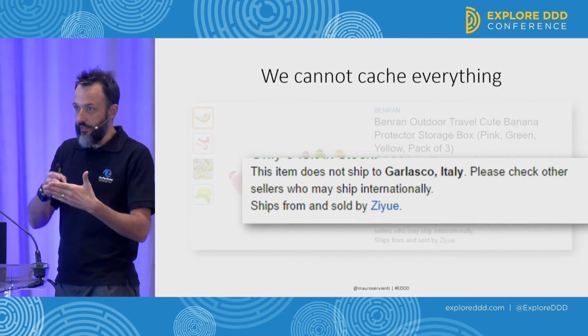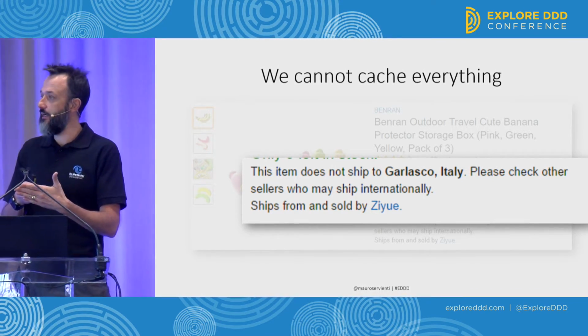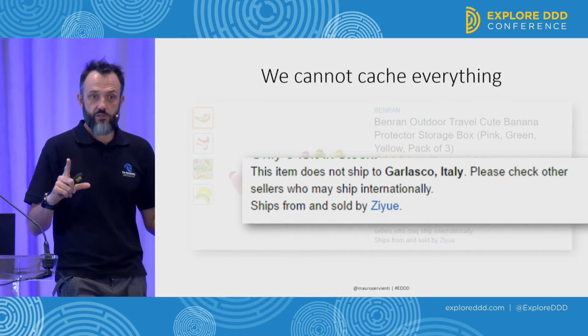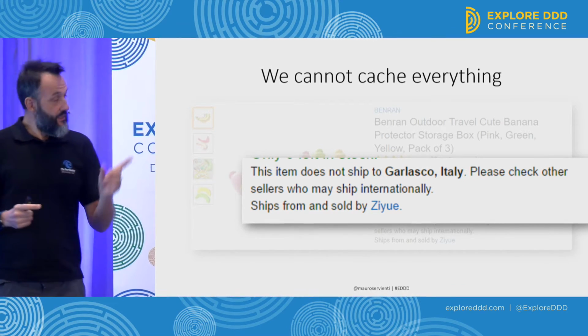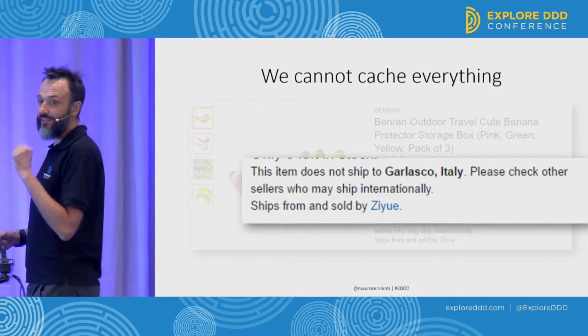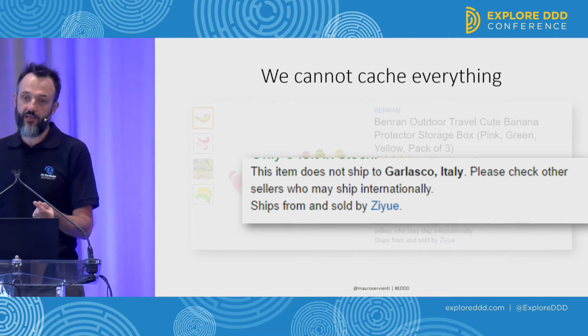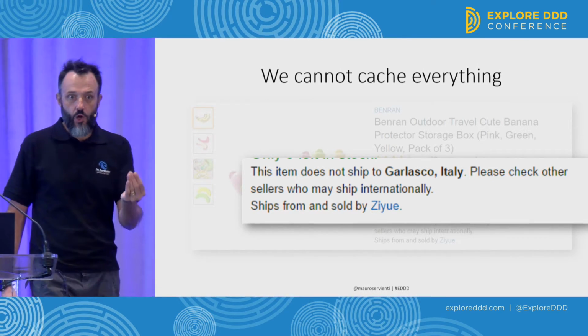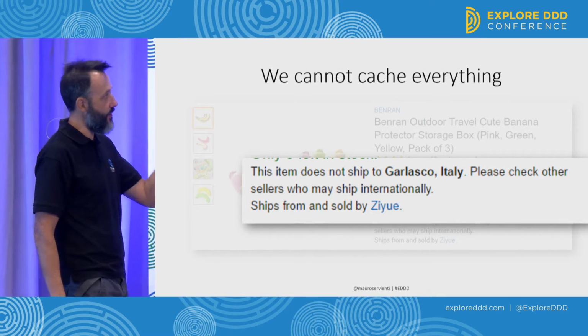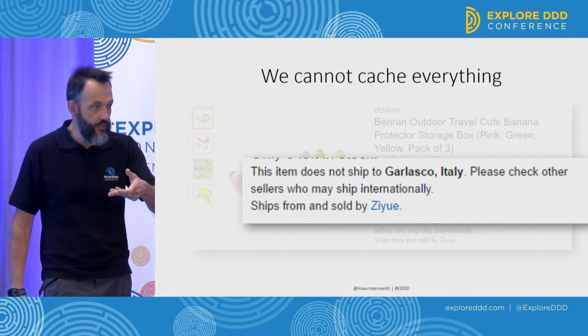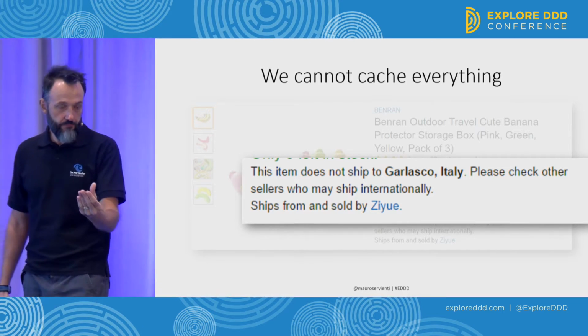So I logged in with my Amazon.it account, and on most pages, so all the things that are not shipped by Amazon, basically, there's this warning, meaning that warning cannot really be cached. It depends on the currently connected user. So we need to be able to evaluate that information on the fly based on the current user.